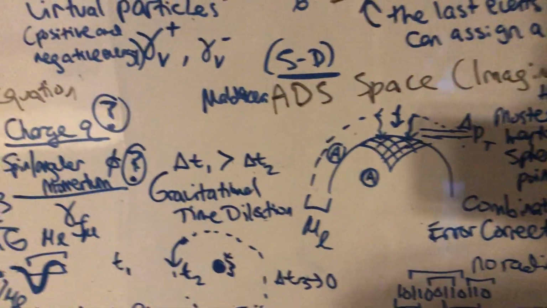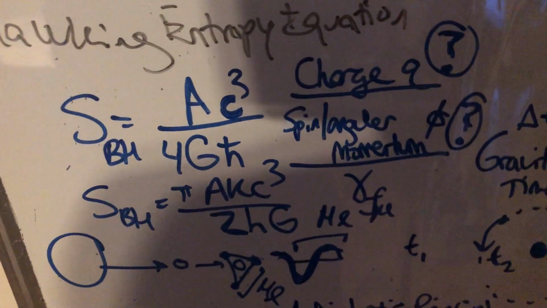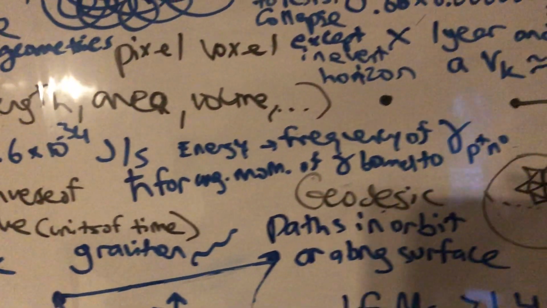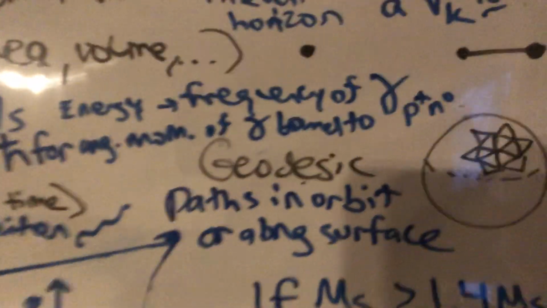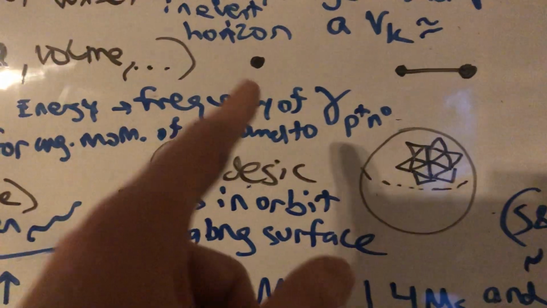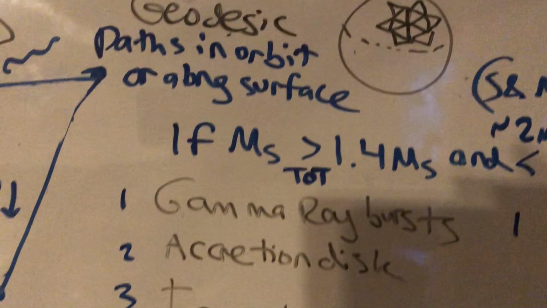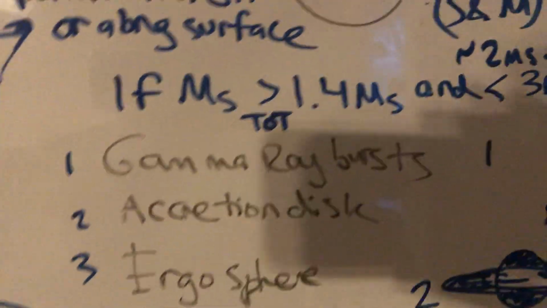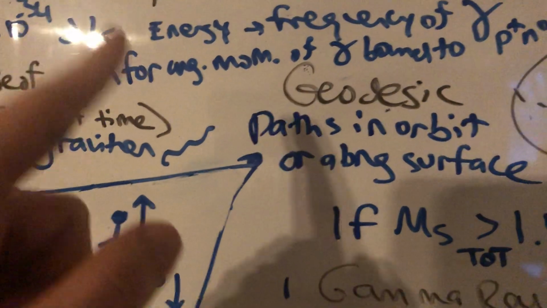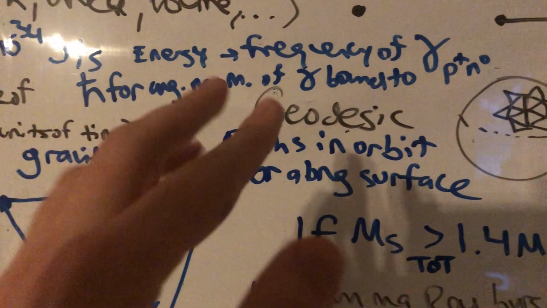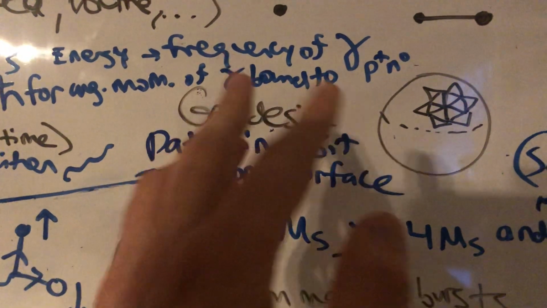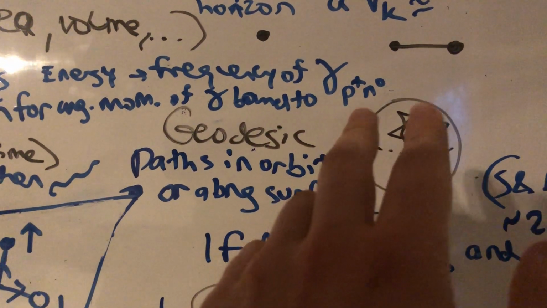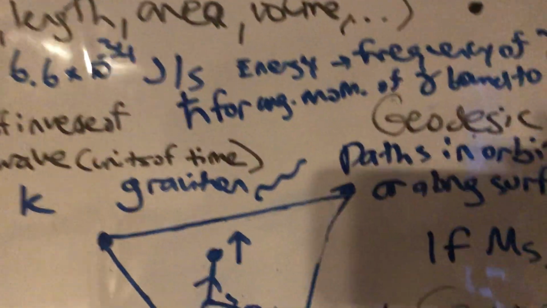And so you have to kind of understand Hawking's entropy equations. So Planck's constant, first let's start with that. h has to do with joules per second, energy in relation to frequency of this is a photon. This is different from h bar, which has to do with the angular momentum. Basically, they just divide by 2 pi, because this photon's bound to some nucleus, a proton-neutron combination or whatever.